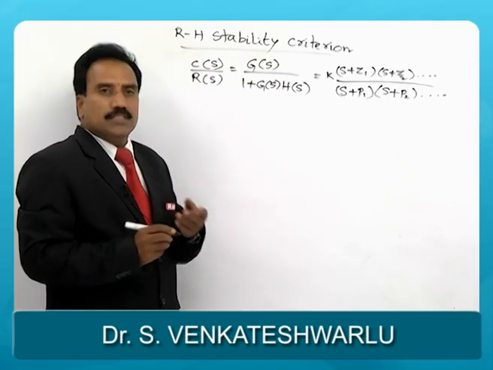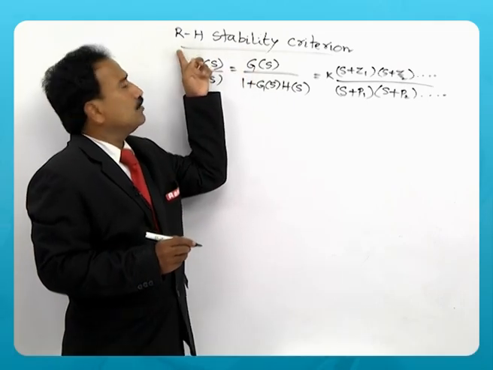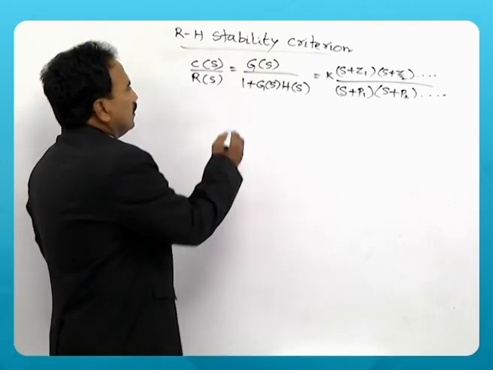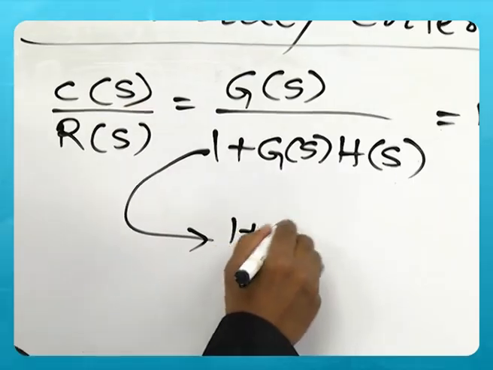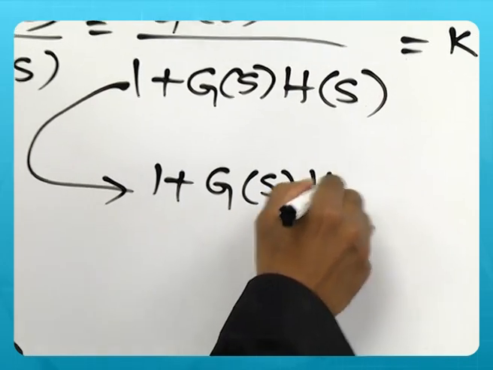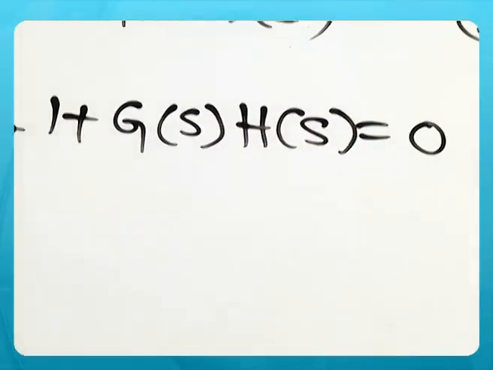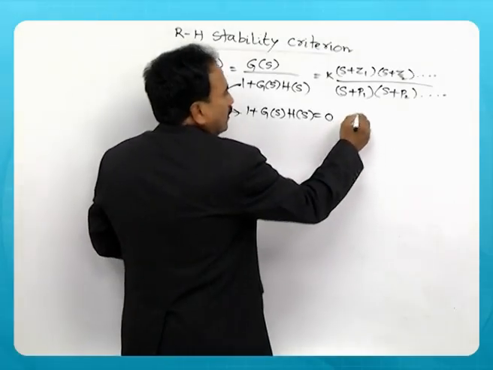Now for stability, according to Routh and Hurwitz, this is known as the characteristic polynomial. So 1 plus G of s into H of s equal to 0 is known as the characteristic equation.